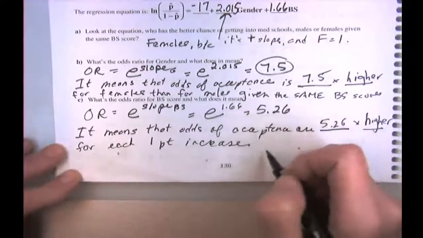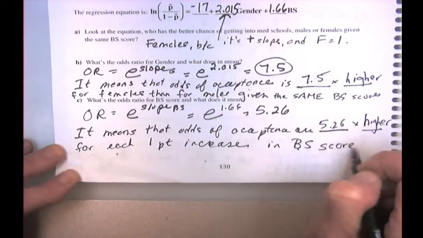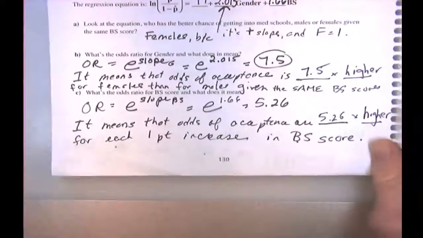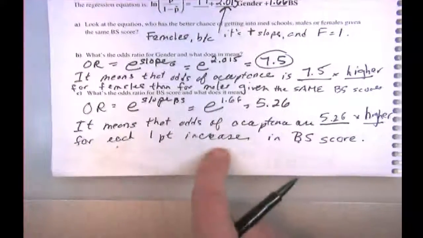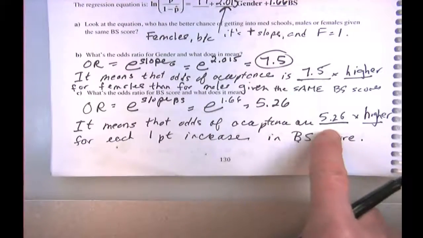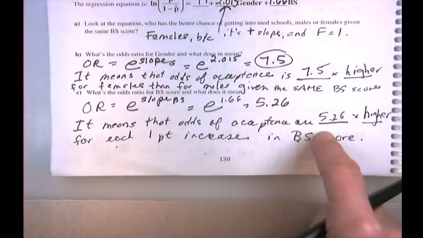And of course, if it was a decrease, it would be 5.26 times lower, so you would divide by 5.26.